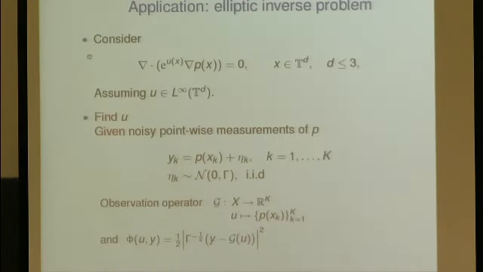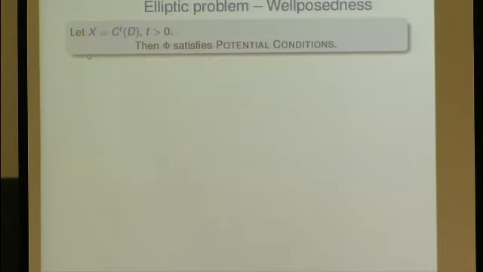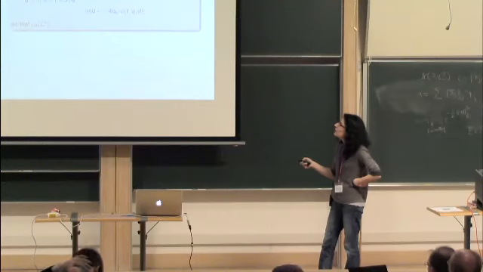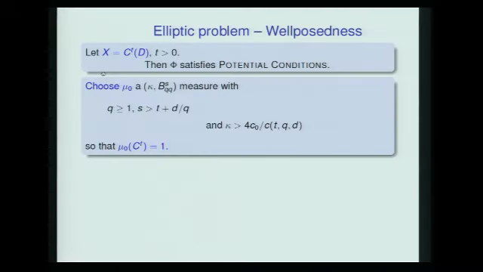So I wanted to go back to the elliptic case and show that if you choose your X to be the space of Hölder continuous functions for any t positive, and phi satisfies the conditions that we need for the well-definedness of the posterior, then you choose your prior in a way that charges Hölder continuous functions with probability 1.